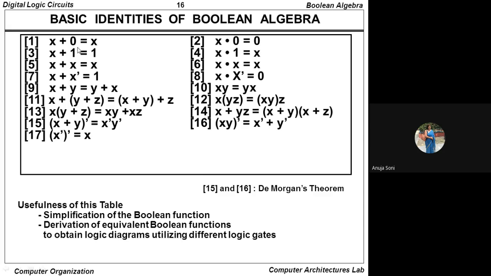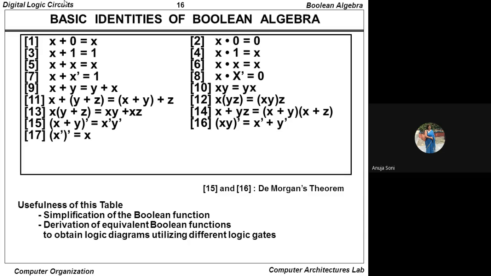What the first identity says is that x plus 0 is equal to x. It says that if the OR operation is applied with a variable and the other operand is 0, it will always give you the value of the variable itself. You can prove it otherwise. One time you can take the value of x as 0, another time you can take the value of x as 1, because a variable can take only one of two values, either 0 or 1.